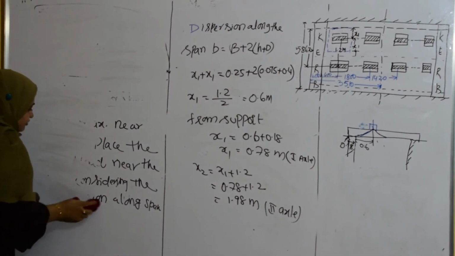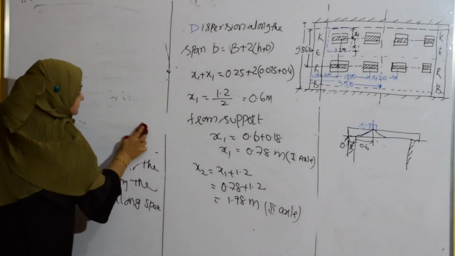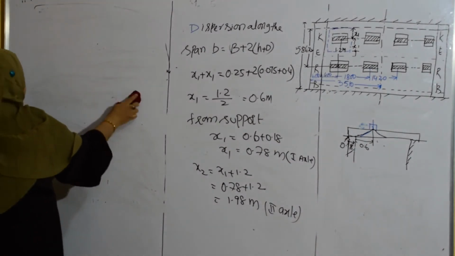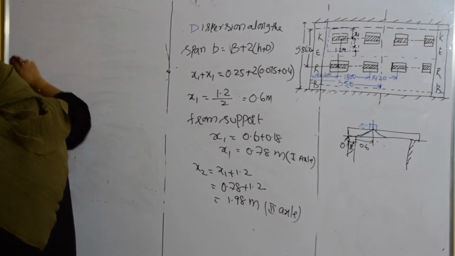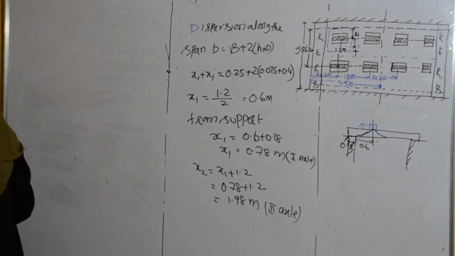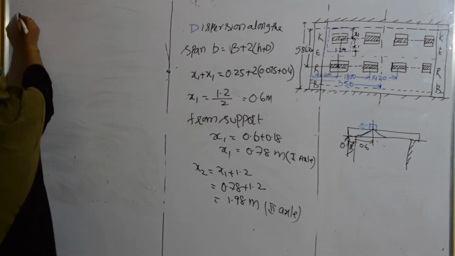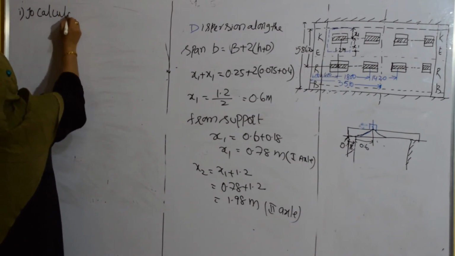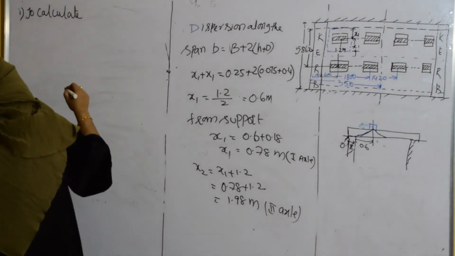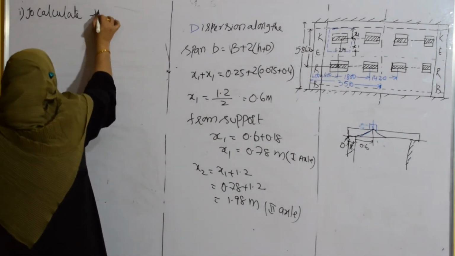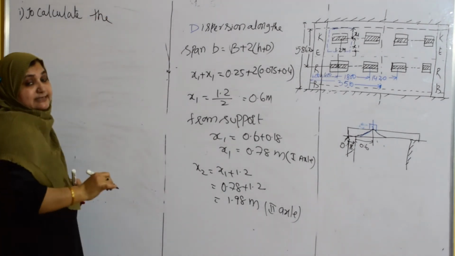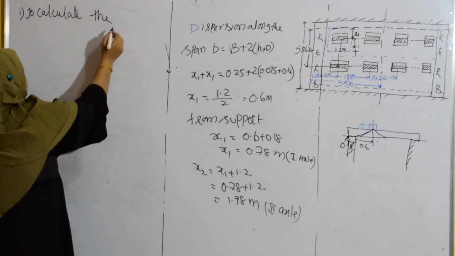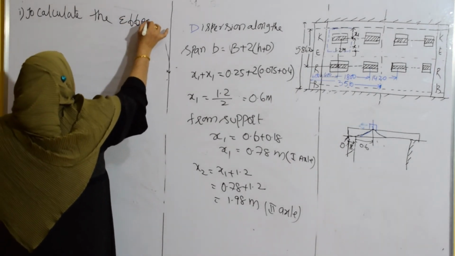So now you have to find out the effective width. That was the dispersion length, now we have to find the effective width. Again I will write as 1 and 2. First is to calculate the effective width of the slab for axle 1, because our design of the deck slab bridge uses the effective width method. BE1 you have to find out.